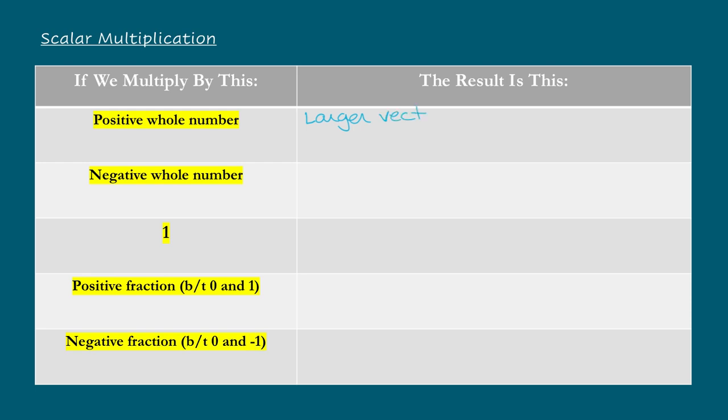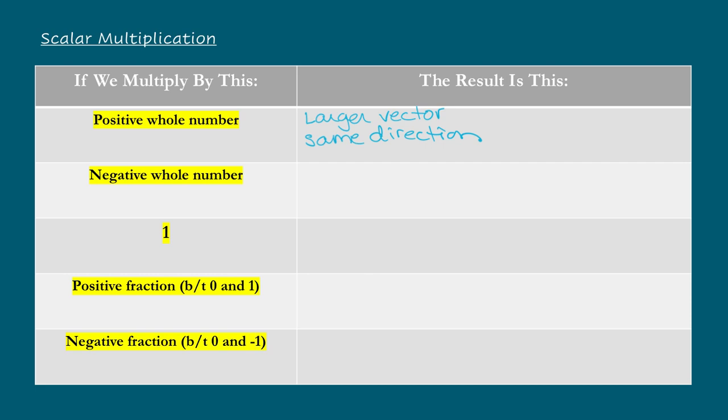So it's going to become longer, but the direction will stay the same. Now, it's important that I'm saying just whole number there, because something different happens if I multiply by a fraction.